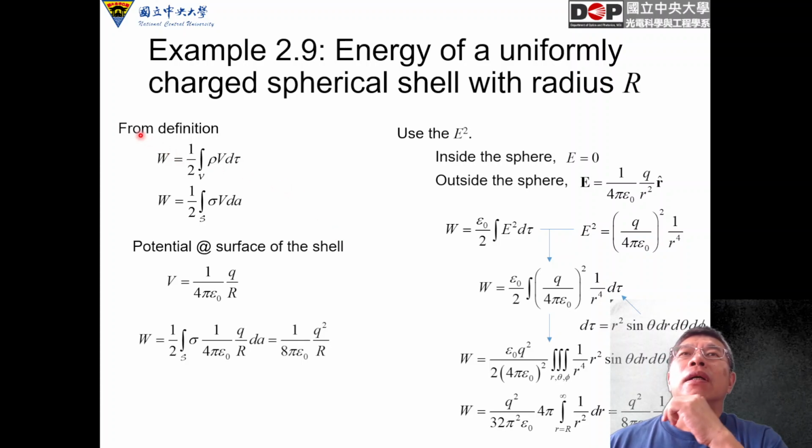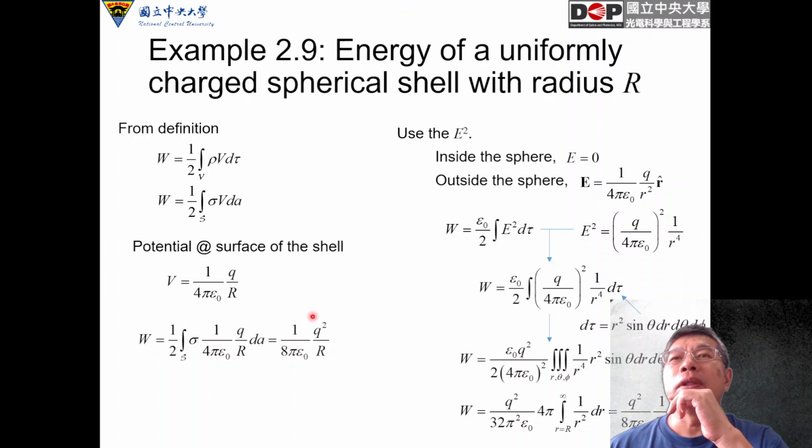Okay, from the definition, originally the work done is given by the charge and the potential, taking the volume integral or the surface integral. And the potential at the surface of the shell can be written something like this. So the work done will be something like this.